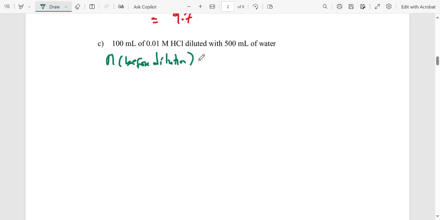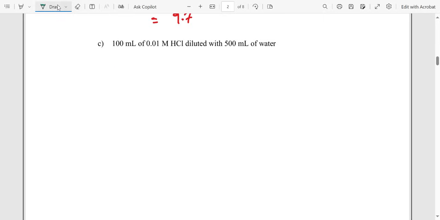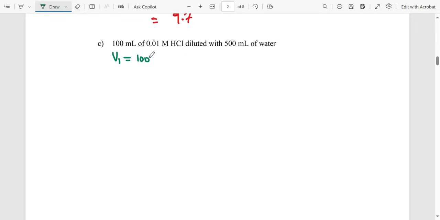I just want to determine the final concentration. So let me not even use this for finding first the number of moles. Instead, let's find the total. So volume 1, V1 is 100 mL, all right?